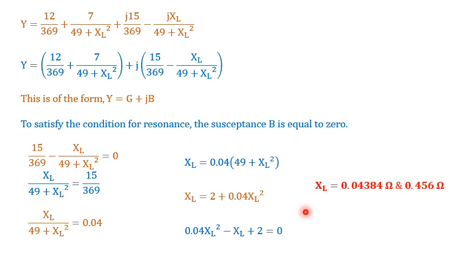Now we know that we are interested in finding the value of inductance L, but we found the values of XL, and we know that XL equal to 2 pi FL, which is equal to omega L. So in the problem, the value of omega is given. It is 1000 radian per second. So substituting this XL value and omega value, we can find two different values of inductance.